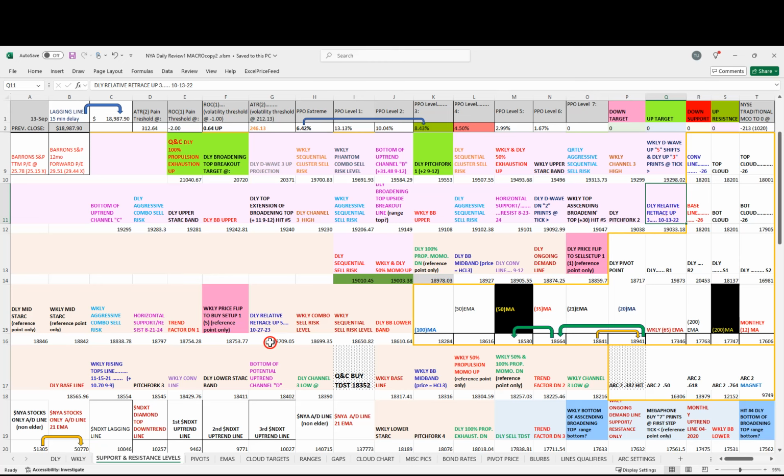So these levels have been hanging around for quite a long time, and the day that they become qualified and confirmed to the upside, and that would be a definite signal that we're headed a lot higher, especially if some of these other ones start getting qualified and confirmed in the daily chart.